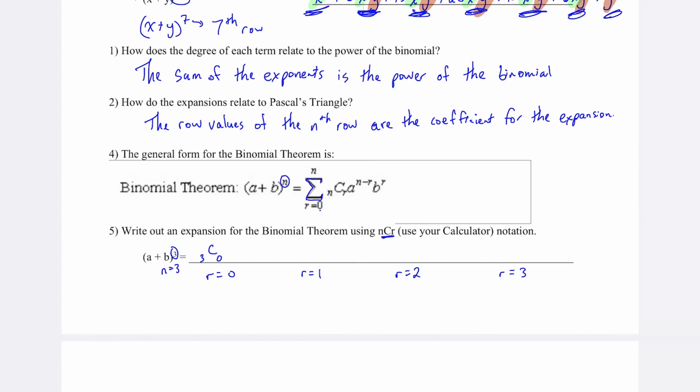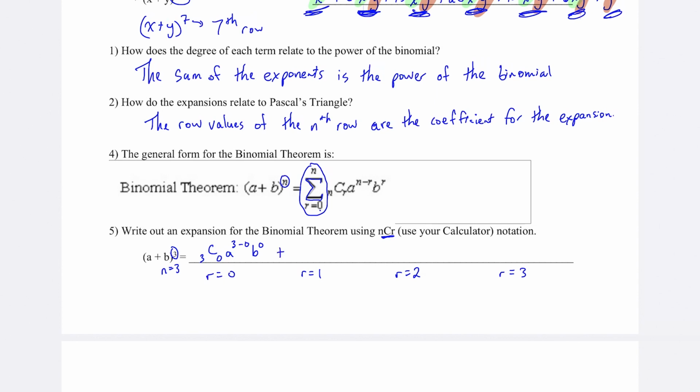Then we do a. So a is right here to the power of n minus r. So n was 3, and we're subtracting 0. And then we put b to the power of r, and in this situation it's 0. Again, we're doing the sum of each of the values.